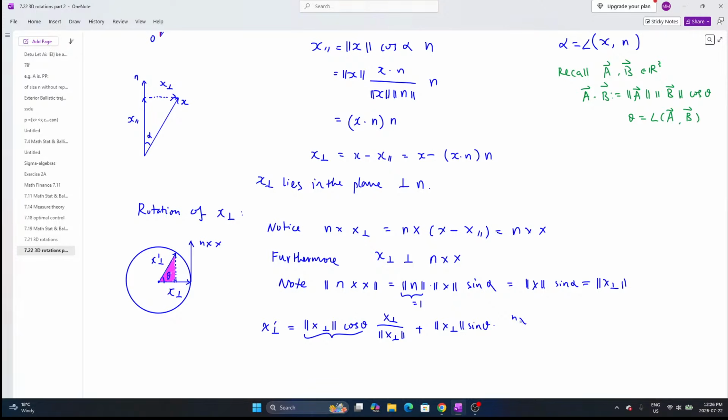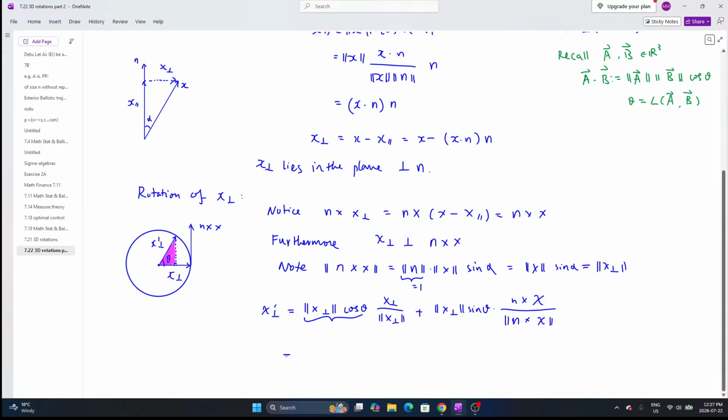Okay, so I'm sorry about the confusion of cross and x. Hopefully this does not go too badly. Let's just write x this way to avoid further confusion. Okay, and then divided by the n cross x norm. But as we mentioned earlier, the x perpendicular length and n cross x length are the same.